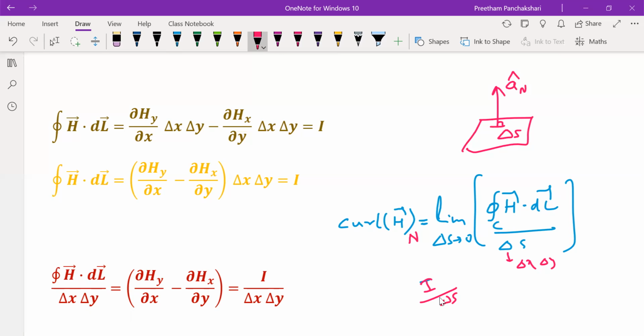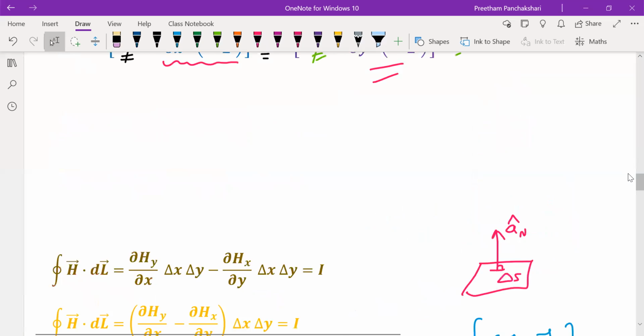So it can become the current density, but only after applying the limit delta S tends to 0. Then it becomes J. So it is required to apply the limit throughout, delta S tends to 0, to have some known quantities.